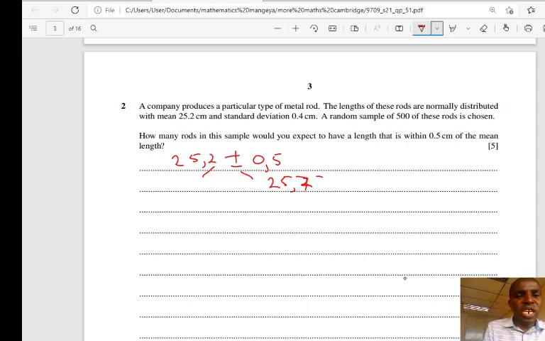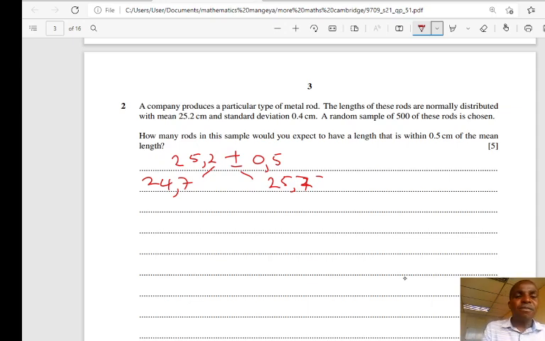It's supposed to be 24.7. 25.2 minus 0.5, just to confirm, yes, it's 24.7. Right, these are the upper and the lower bounds based on the information given.